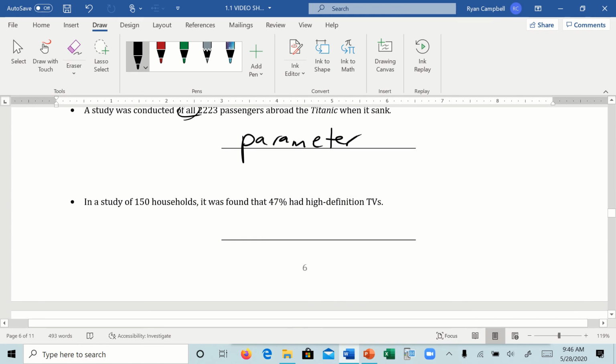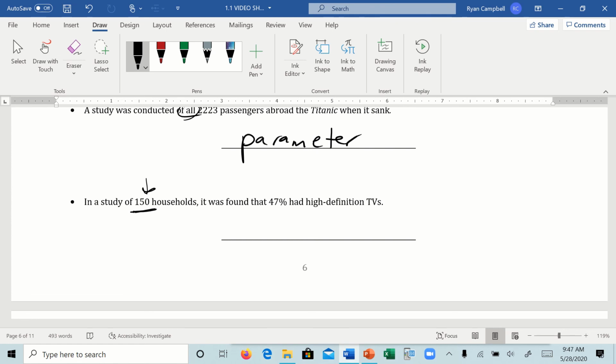In a study of 150 households, it was found that 74% had high-definition TVs. Notice the percentage is not what we're going to be looking at. This is actually what we're trying to find: is this a sample or is this a population? 150 households.